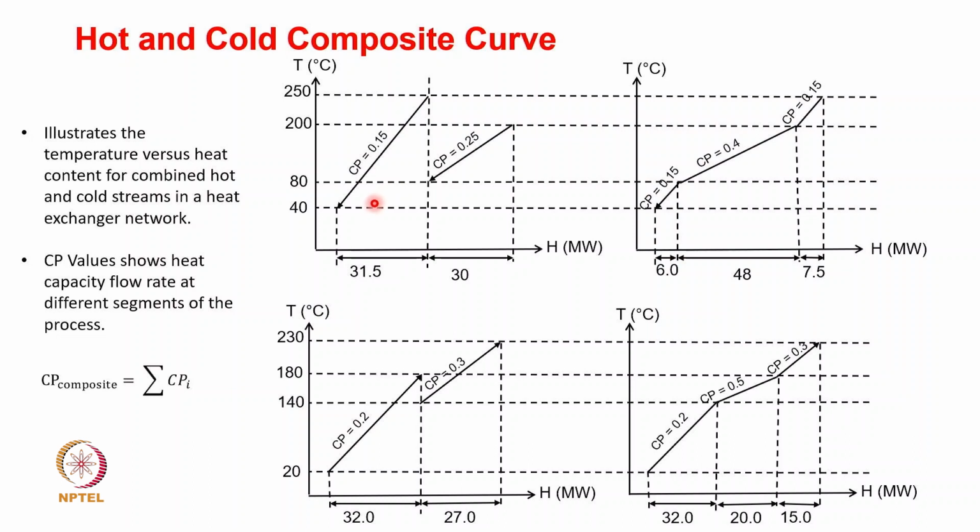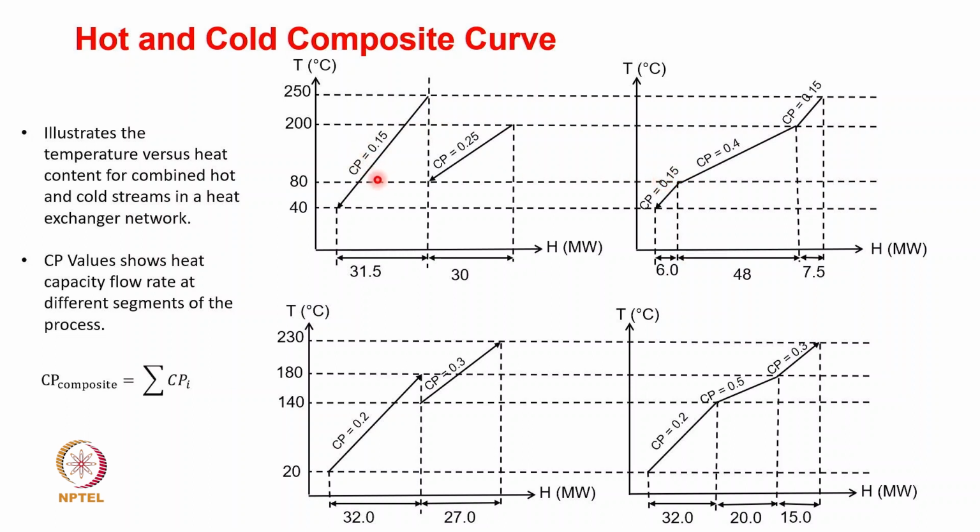What we can see over here is, from 40 to 80 degree C, you just use this part of the stream which we draw over here. From 80 to 200, there are two streams involved. The combined Cp of that is the summation of the individual ones, which is 0.25 plus 0.15, which is 0.4.